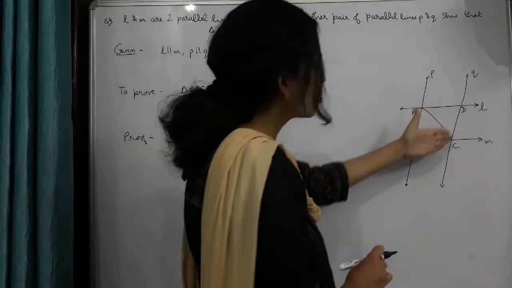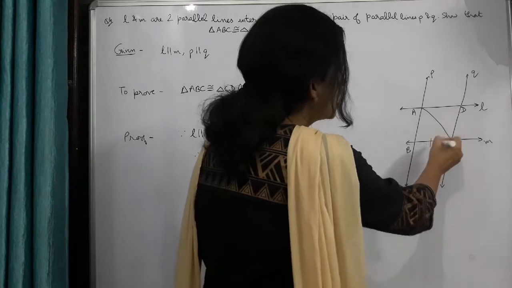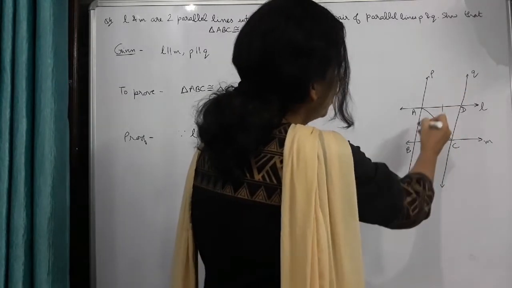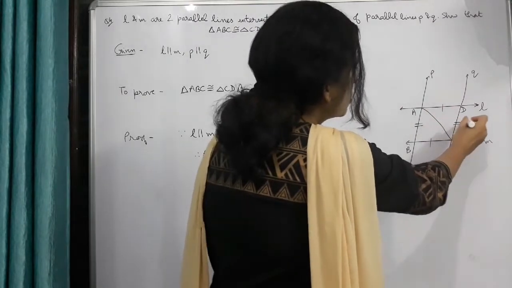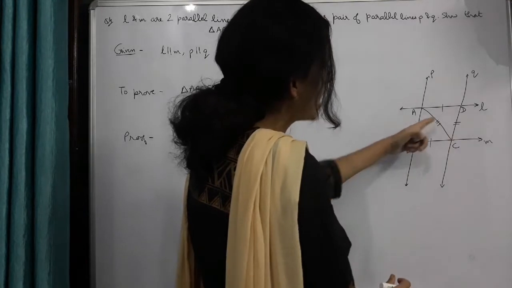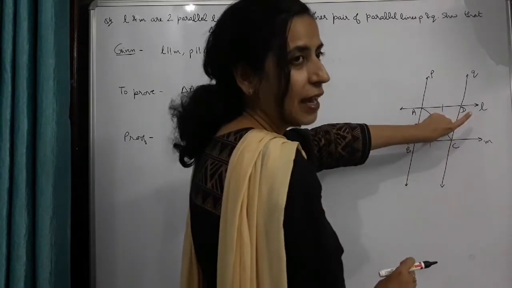And if this quadrilateral is a parallelogram, then we know that opposite sides of a parallelogram are equal. So AB would be equal to CD, and this would be the common side. So by SSS criteria of congruence, the two triangles would be congruent.